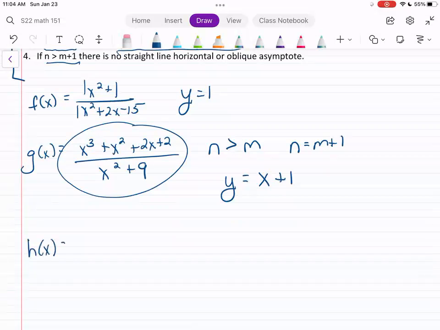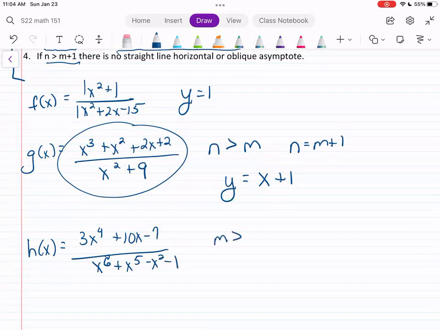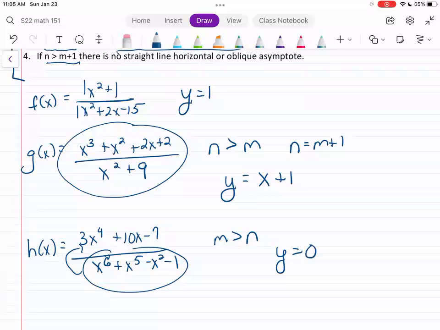If we have a rational function such as this, the denominator is bigger than the numerator. So this is going to play a more significant role than the top, which leads to the horizontal asymptote of y equals 0.